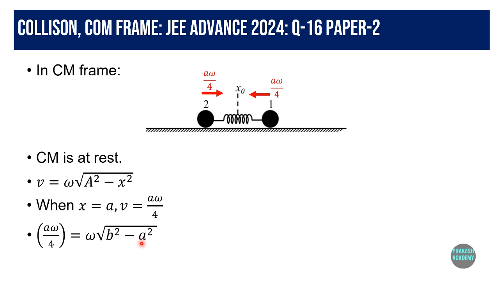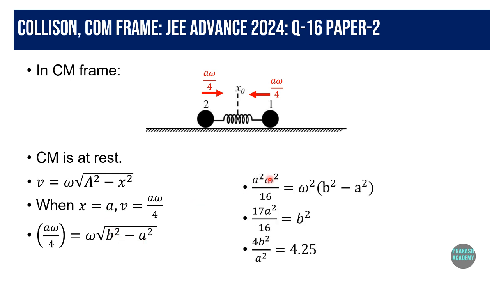So b square minus a square. If I square both sides, I can write a square omega square by 16 equals omega square times b square minus a square. If I simplify, I will have 17 by 16 a square equals b square. So from here, I can calculate 4b square by a square, and this value is equal to 4.25.